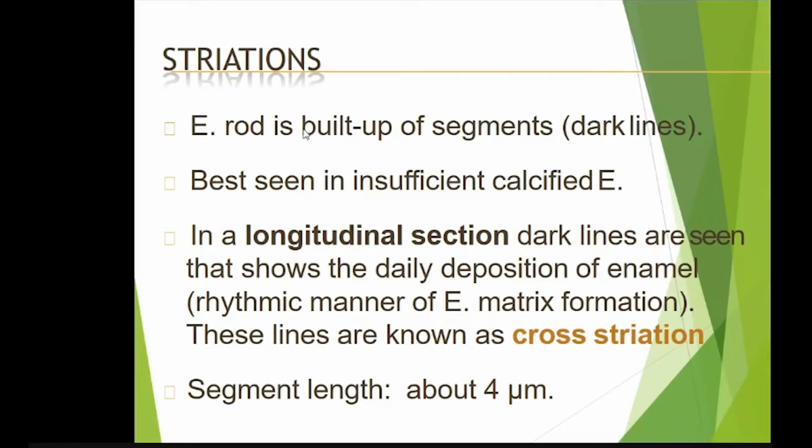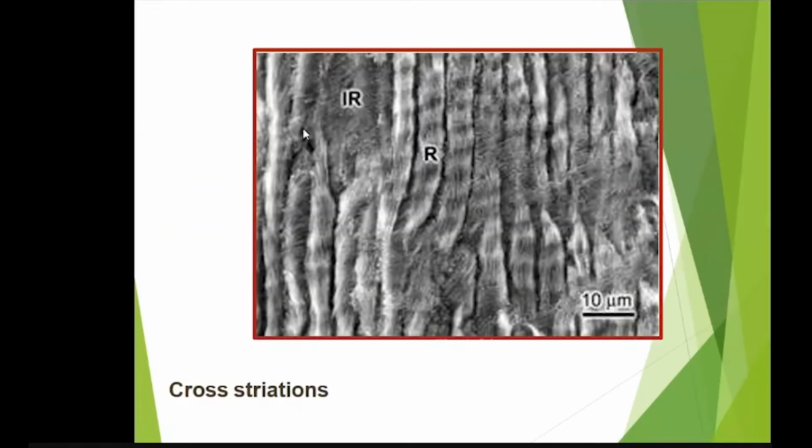These lines are known as cross striations. The segment length is about 4 micrometers. Cross striations show the rod and interrod.